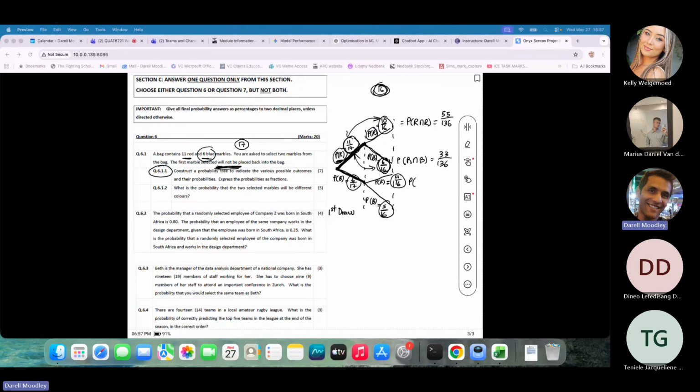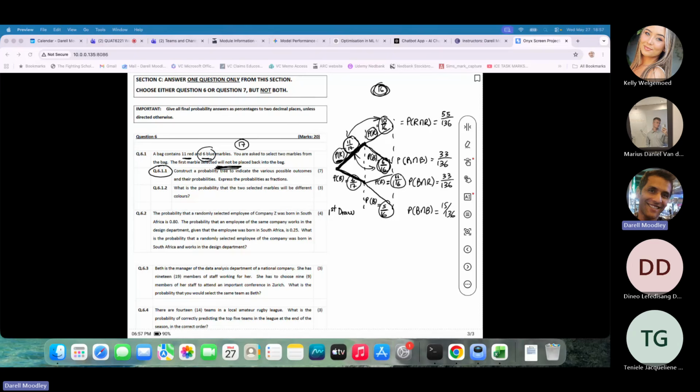So here it's a probability of a blue and then a red marble, which is also 33 over 136. And lastly, it's a probability of a blue marble in both rows, which is 15 over 136. And that's your probability tree. Okay. So that's question 6.1.1.